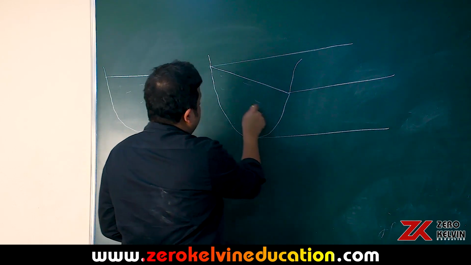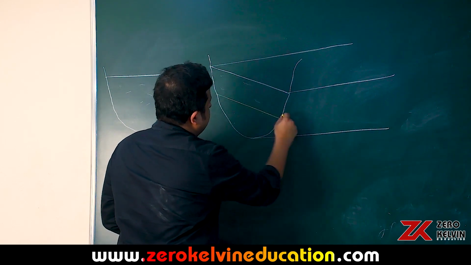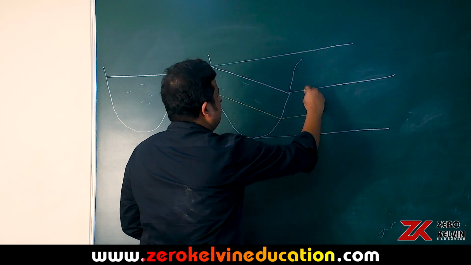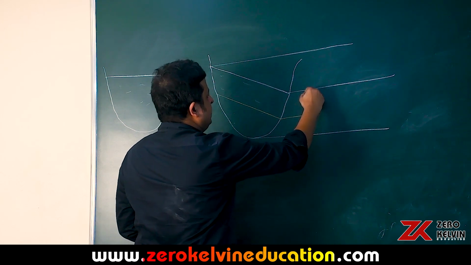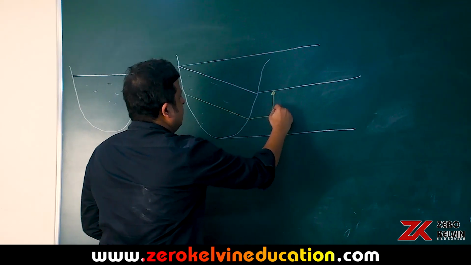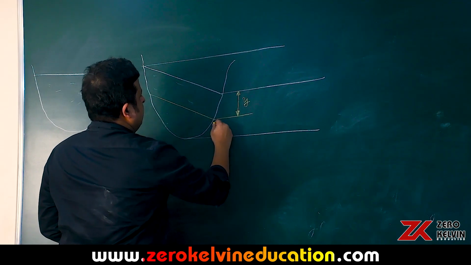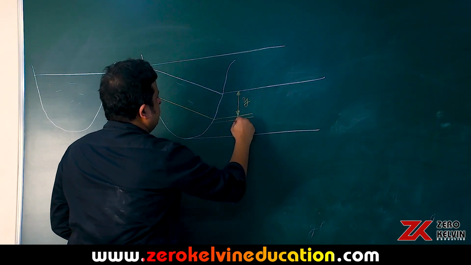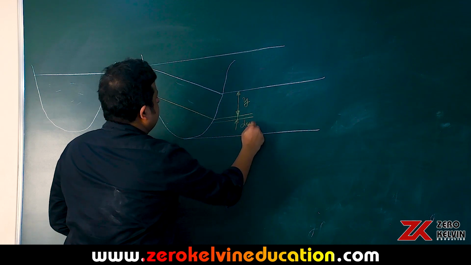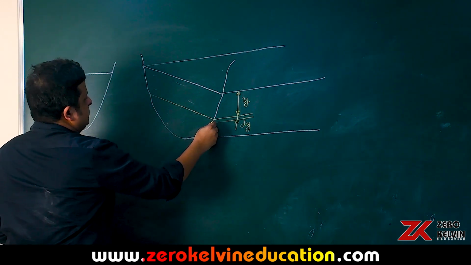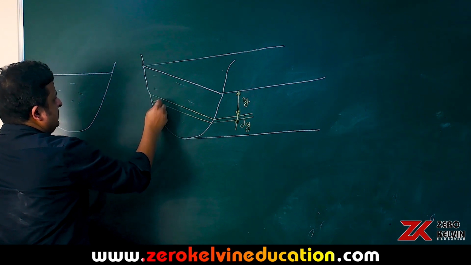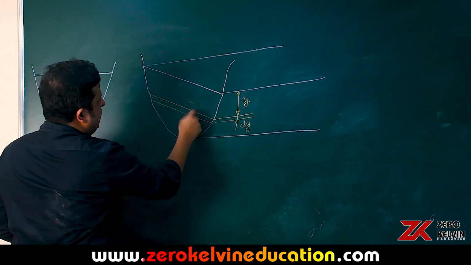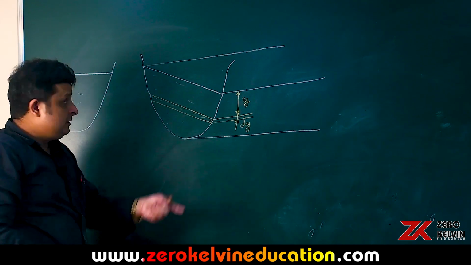Here also we can consider, from the free surface of water, this height is y and a small strip dy. Here the width varies, unlike the rectangle where the width is constant throughout.